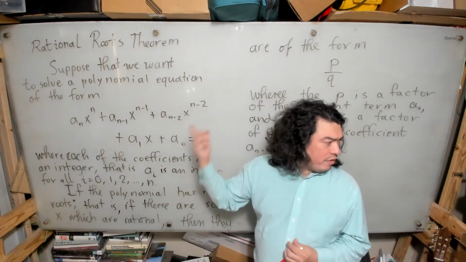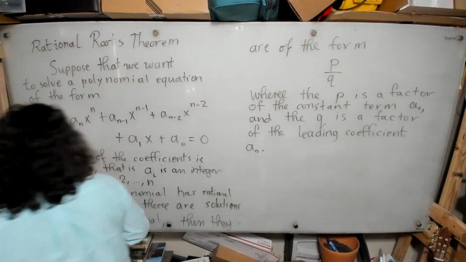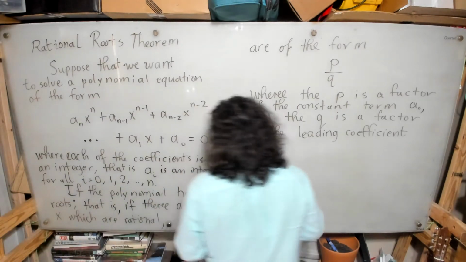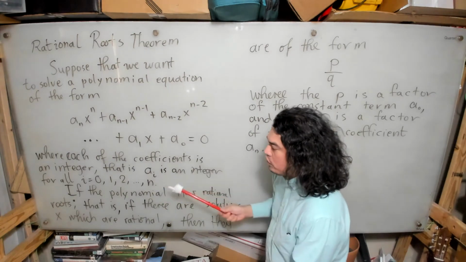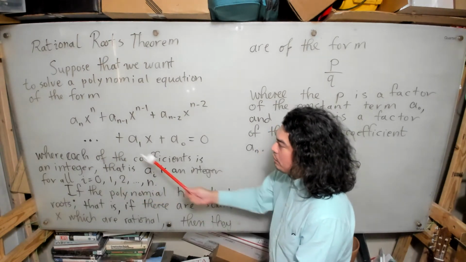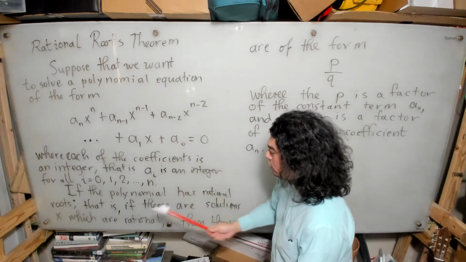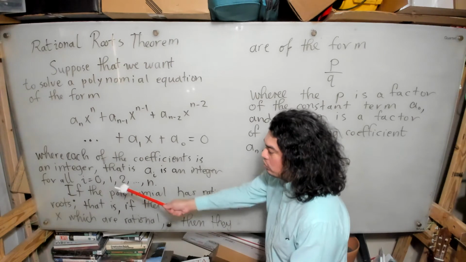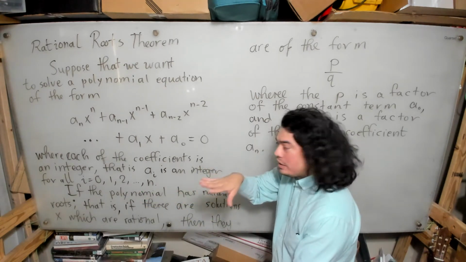So we're trying to solve this equation where the polynomial is set equal to 0, and also where each of the coefficients is an integer. That is, a sub i, so the a n minus 1, the a n minus 2, the a1, the a0, where a sub i is an integer for all the possible indices, the 0, the 1, 2, 3, etc., all the way to n.